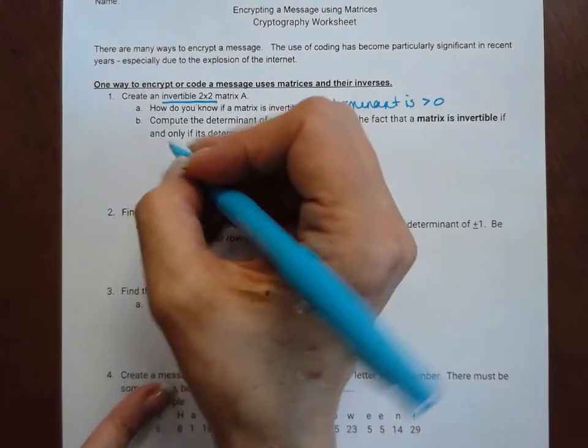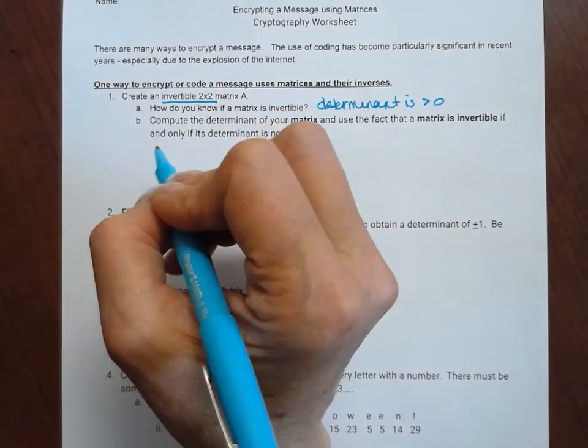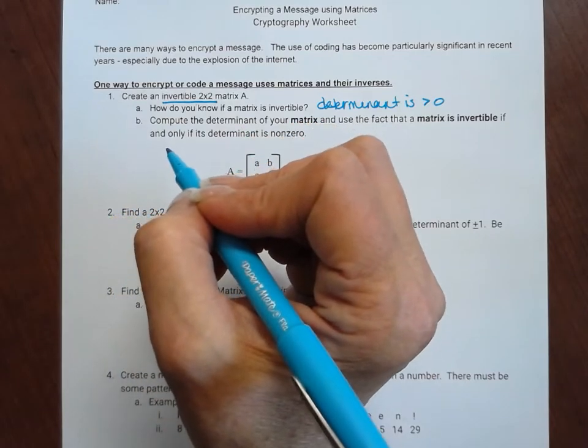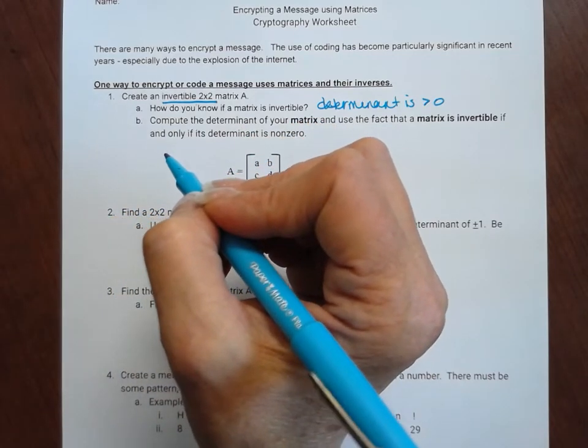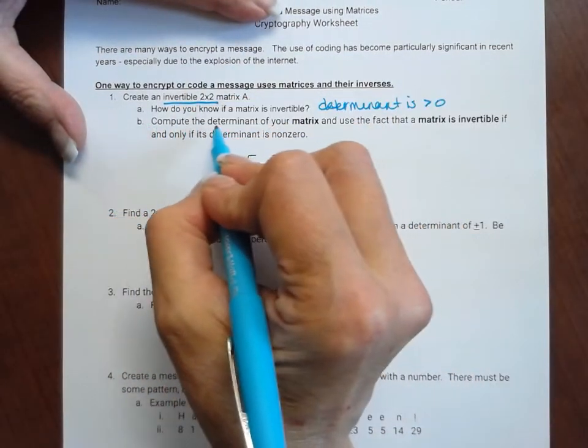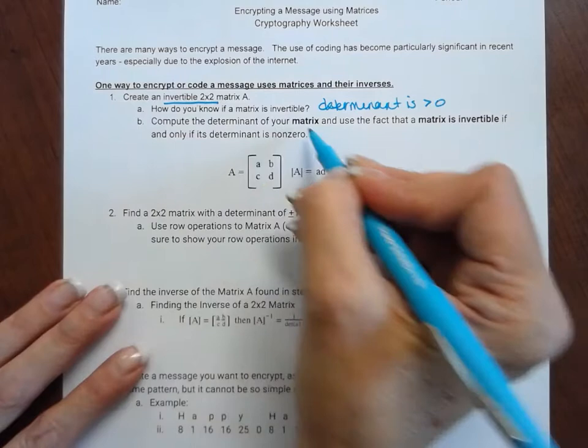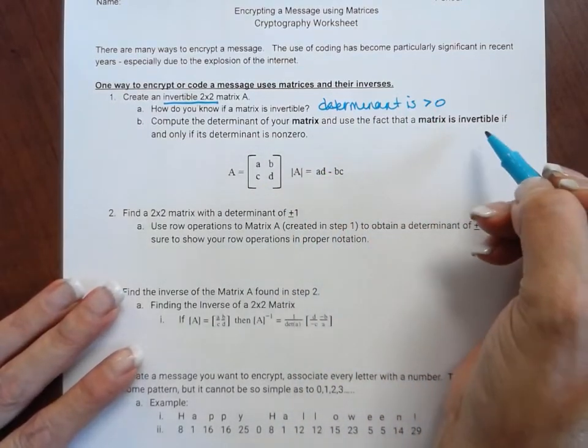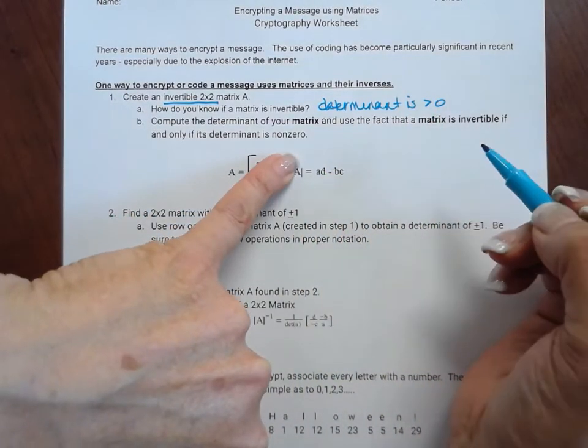Okay, so the first thing that you're going to do is make up whatever matrix you're going to want to do. You're going to do a matrix of 2x2. Okay, and you're going to compute your determinant and use the fact that it's invertible only if it's non-zero.